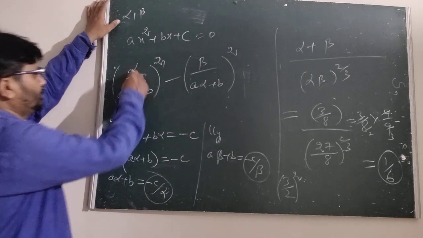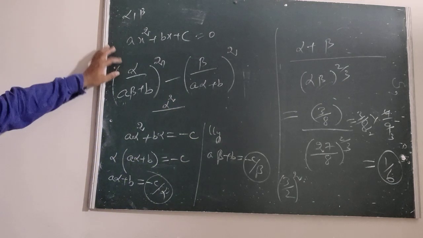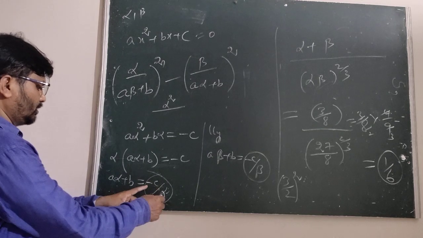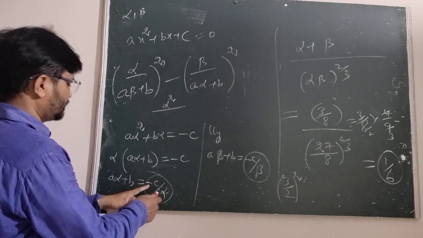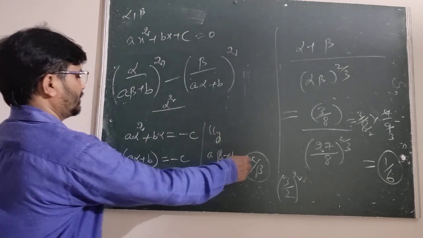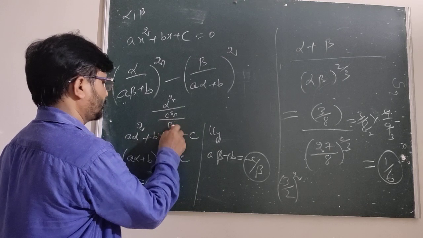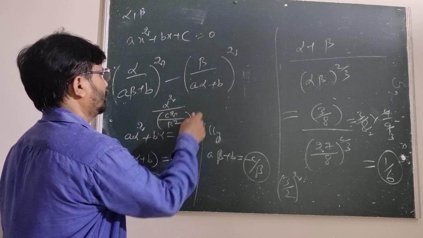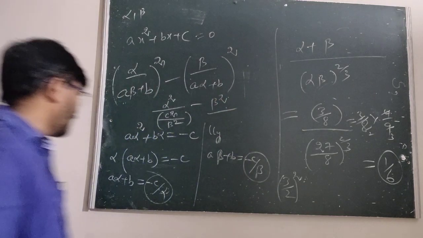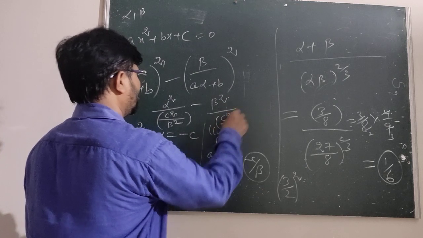These are substituted in this. Minus squared is plus, so we get c square by beta square and c square by alpha square.